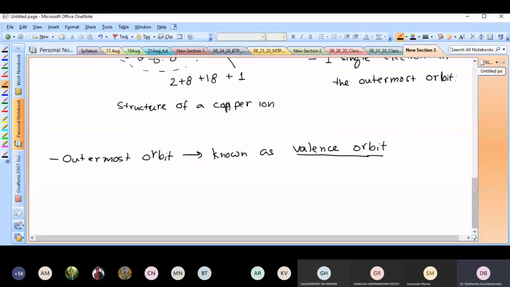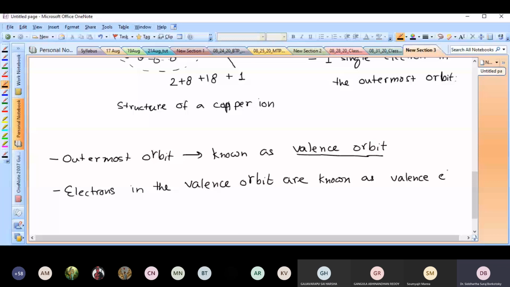Electrons in the valence orbit are known as valence electrons.